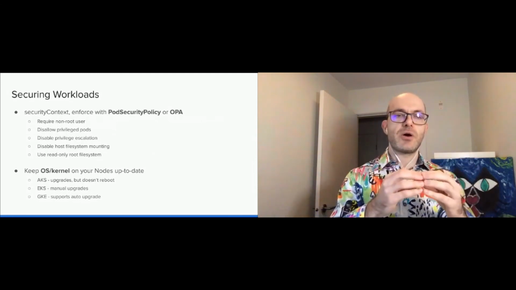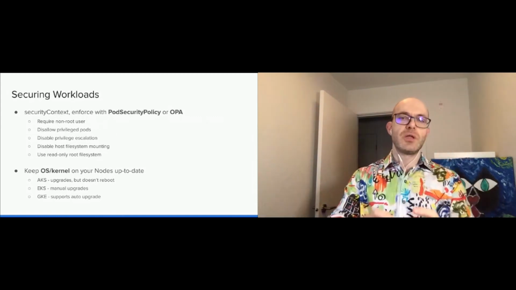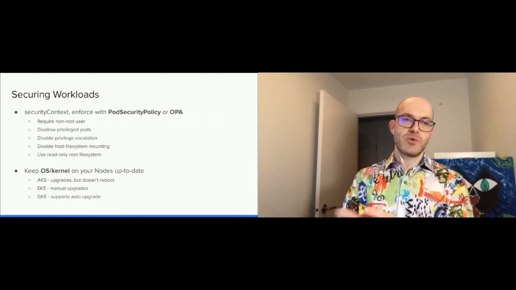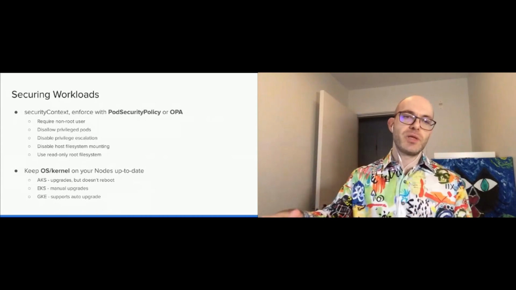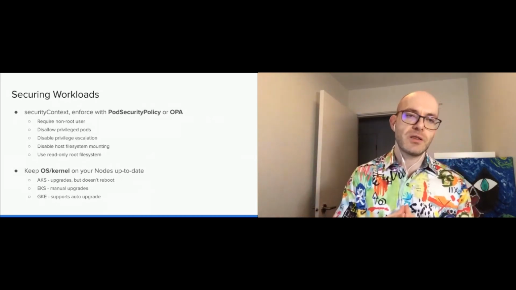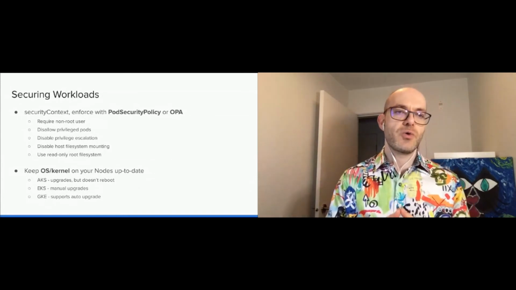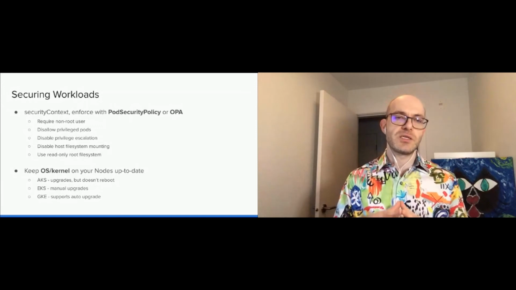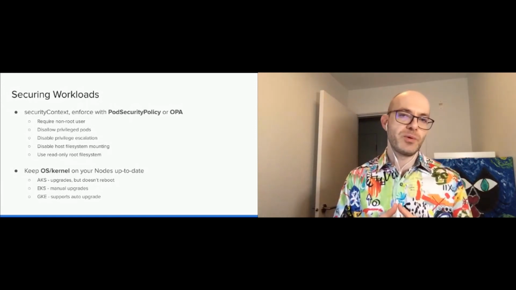So security context is a way to set those parameters on individual workloads, individual pods or deployments, but you can also enforce those parameters globally across all of the workloads in the cluster using something called pod security policy, or a newer mechanism that Kubernetes is gradually migrating to, called OPA, or Open Policy Agent.